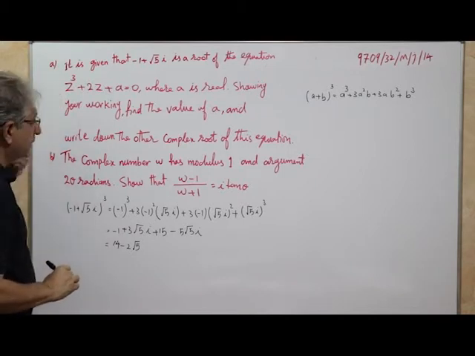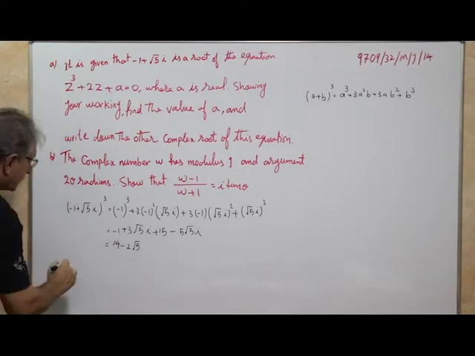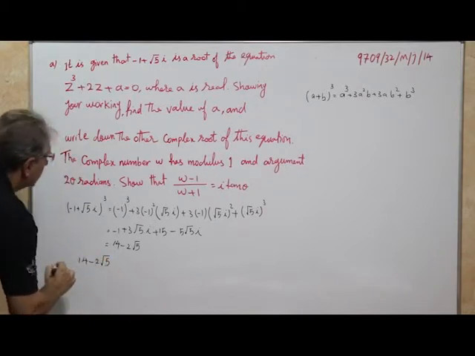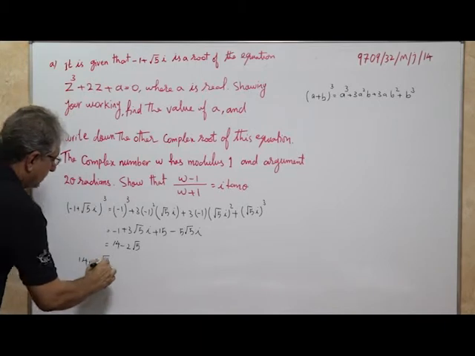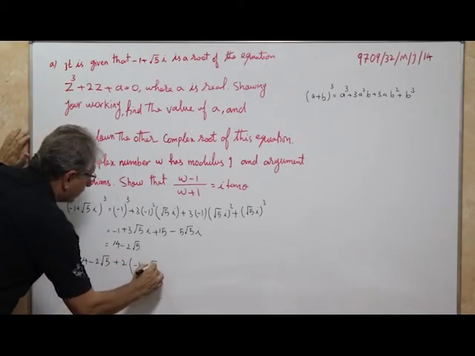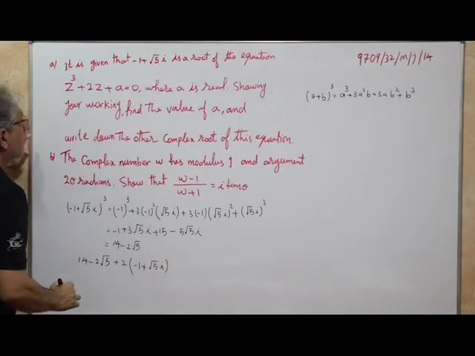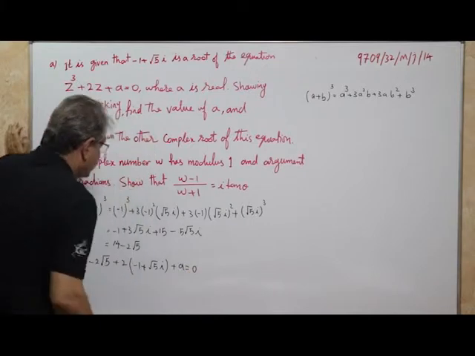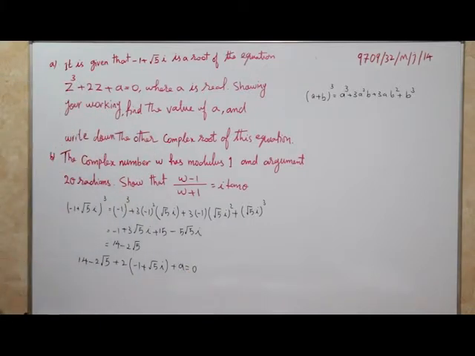Now, if we substitute here, what are we going to get? Therefore, 14 minus 2 square root of 5 i plus 2 times z, where z is -1 plus square root of 5i, plus a should be equal to 0. Just simplify this.